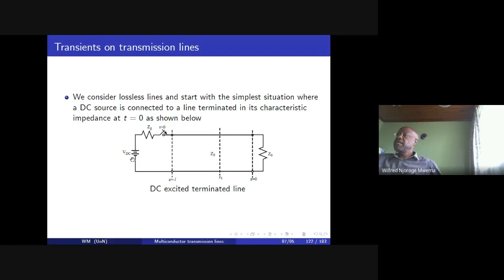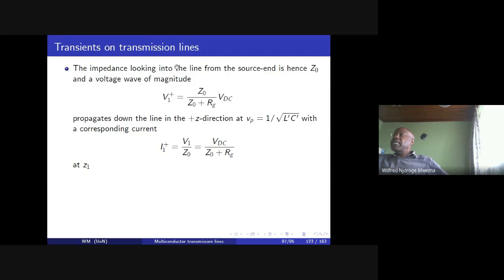What happens immediately when we switch the generator onto the line? The impedance looking into the line from the source end is going to be equal to Z0, and a voltage wave of magnitude V1 plus equal to Z0 over Z0 plus RG times VDC will propagate down the line in the positive z direction at a phase velocity Vp given by 1 over root of L prime C prime, where these are, of course, the per unit length inductance and capacitance of the line.